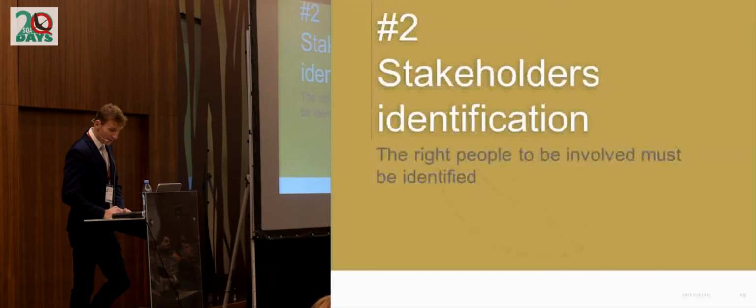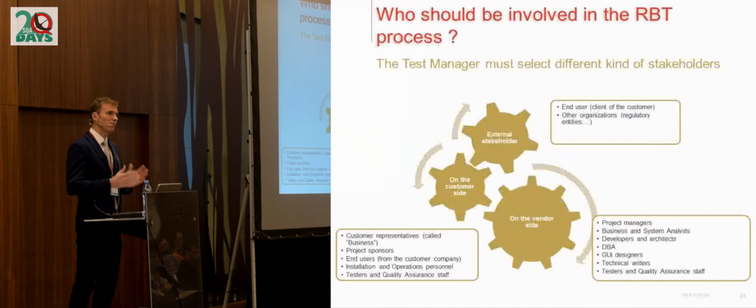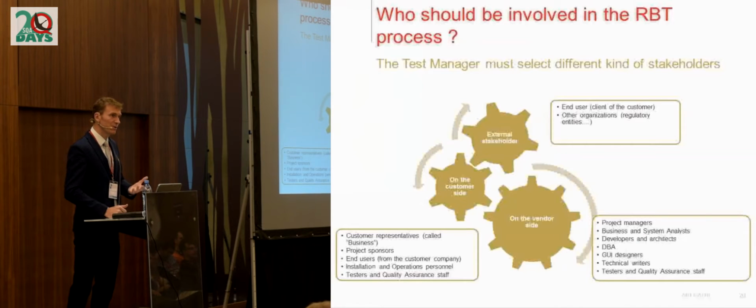Okay, the second step is to identify the right people to be involved in the process. You have to involve people from inside the project, like the project manager, test manager, developers, technical designer, and you also have to involve people who are outside your projects, like the final customers.